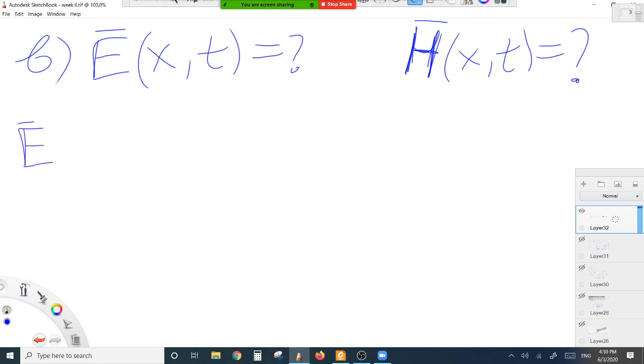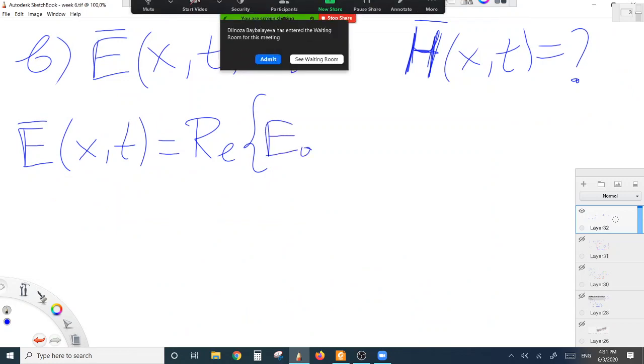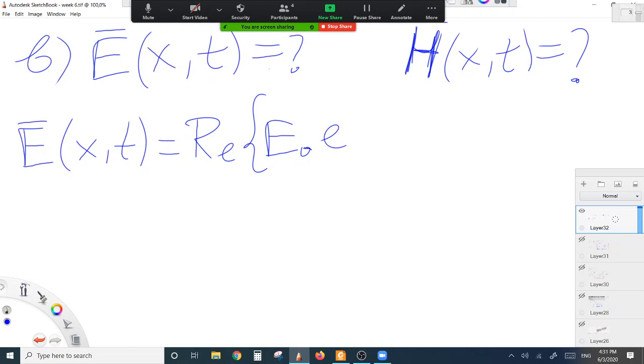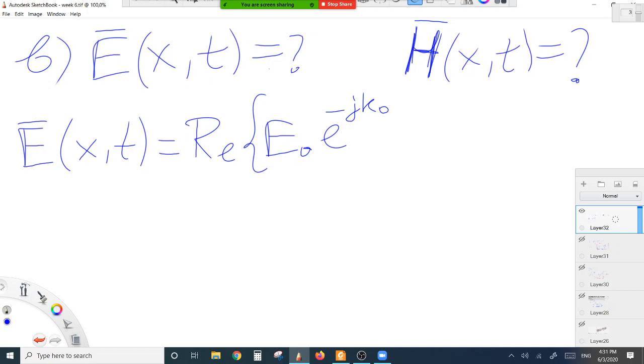Yeah, you are speaking about this formula, I think. It is equal to the real part of, in our case, electric field E0 e to the power of minus j k0 x e to the power of j omega t, and it is only in z direction.